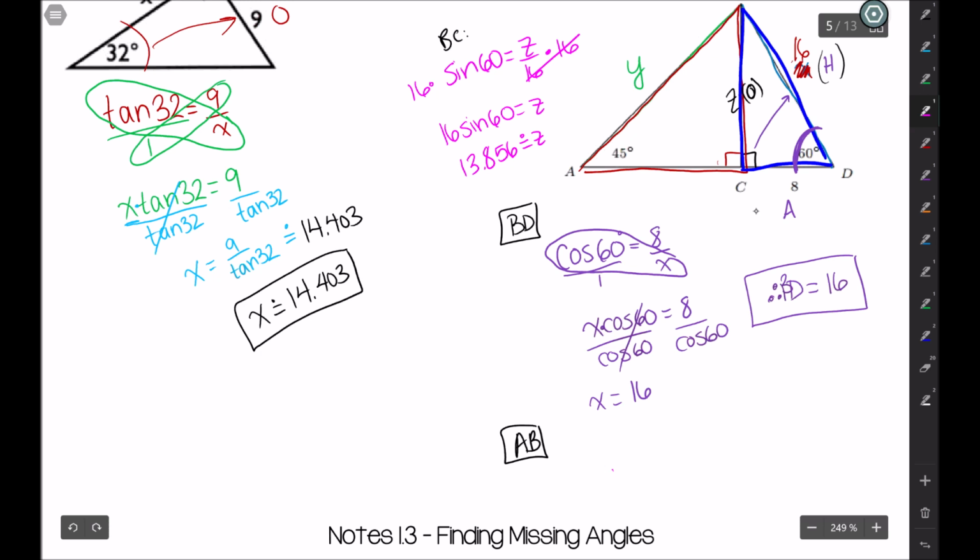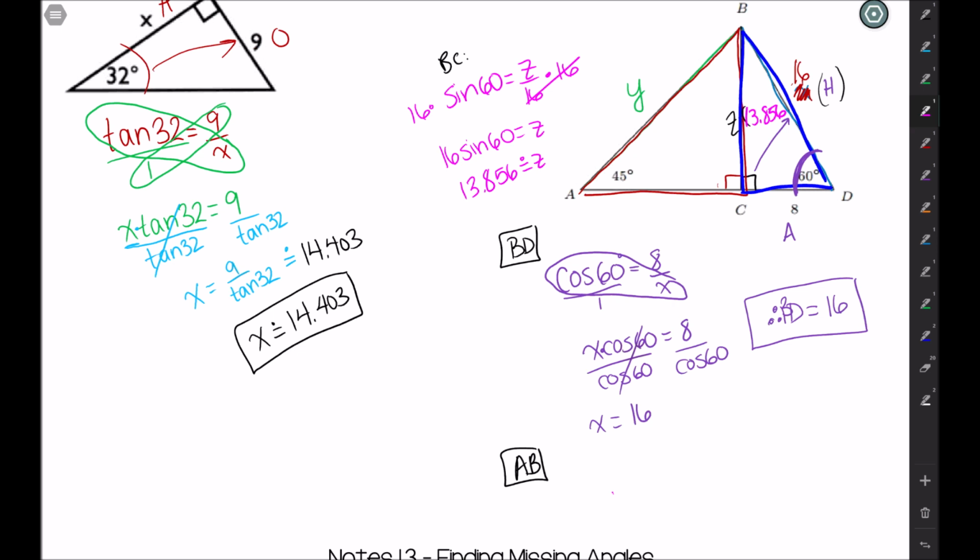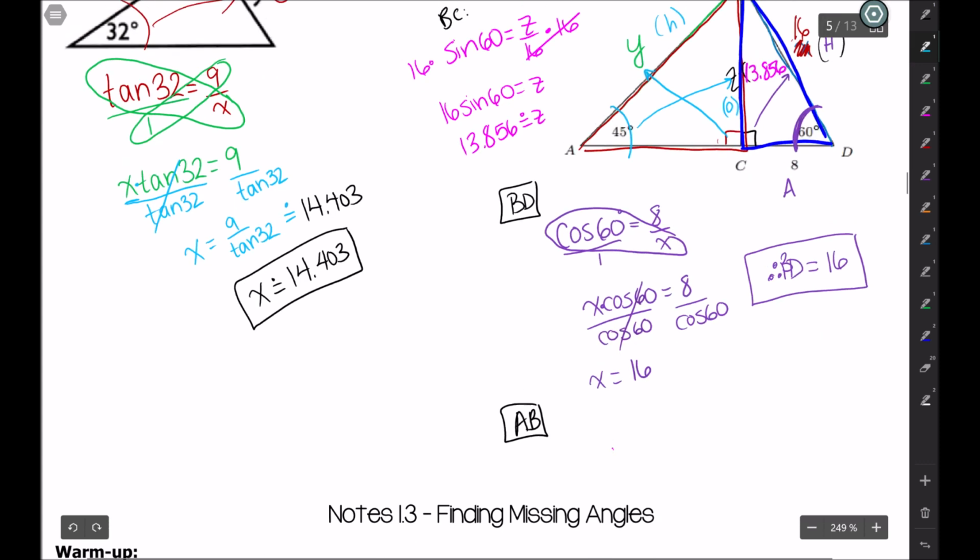Now that I know that this length right here is 13.856 approximately, I can get an approximate answer for what side length AB is, or what Y is. So right here, because this is our angle that we're looking at, 45 degrees, this 13.856 is now the opposite, and this Y has to be the hypotenuse because it's across from the right angle.